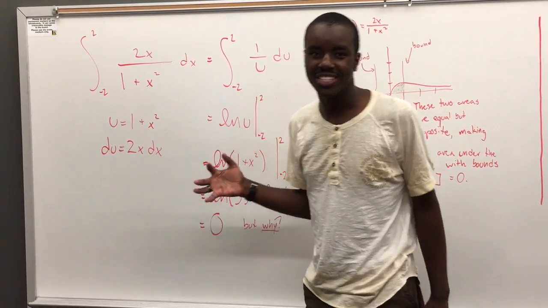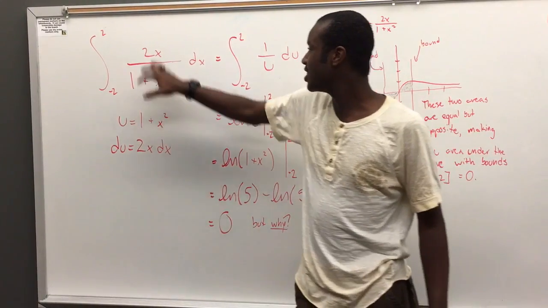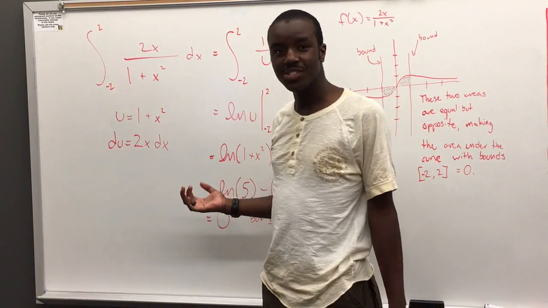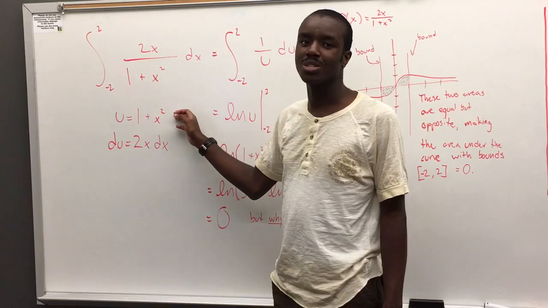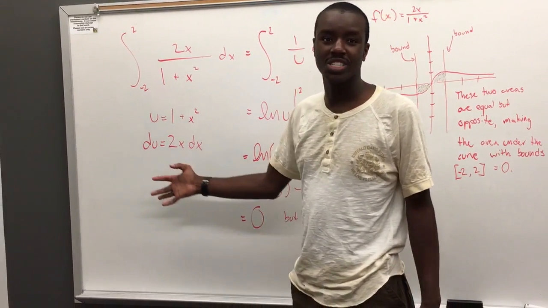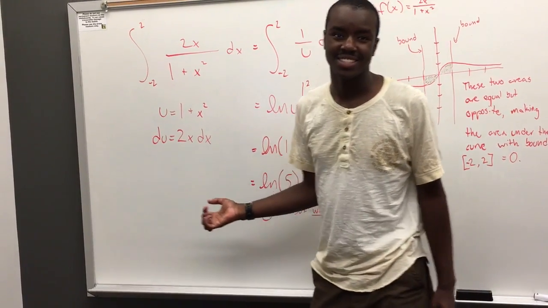Now, when you look at this, you have to think about which of these you can use for your u. So in this case, you have to use u equals 1 plus x squared because that will solve the problem the easiest. And your du, which is just the derivative of our u, is 2x dx.